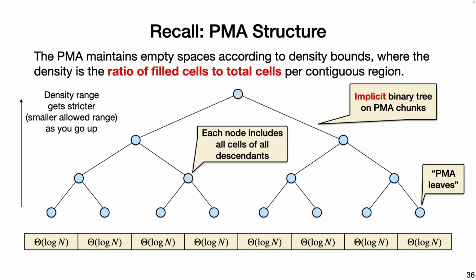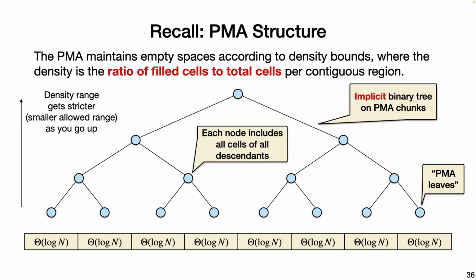And the way that you maintain the thing is that you have density bounds on every single node in this tree. At any point over time, every node, leaves, and all levels up have to respect some bounds in terms of how full they are. So you always have some guarantee about how many spaces you have at any time across the entire thing.